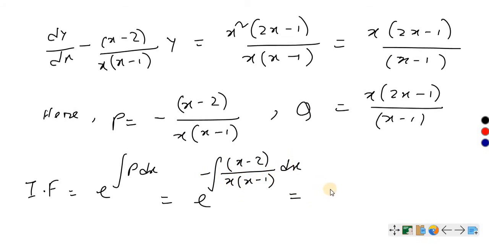See, this part we can simplify so that we can get a proper answer. I think you have learned this technique in your junior classes, so I am not going to discuss how I have simplified this. Let me put this bracket into dx.